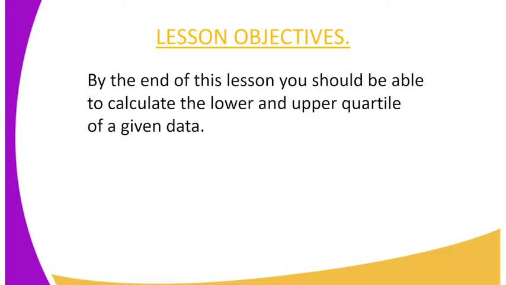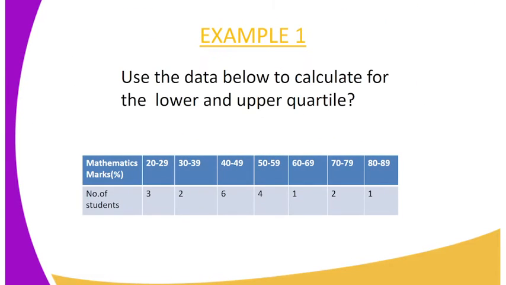On to the quartile, you're supposed to be provided with data. As you can see here, there is data which is provided for you. You're supposed to use this data to calculate the lower and the upper quartile. There is a mathematics exam, and the performance was as follows.